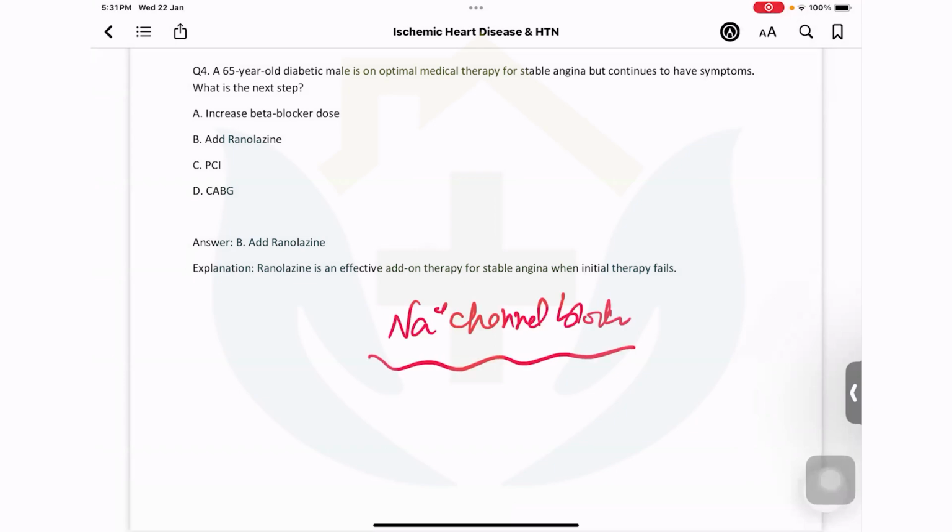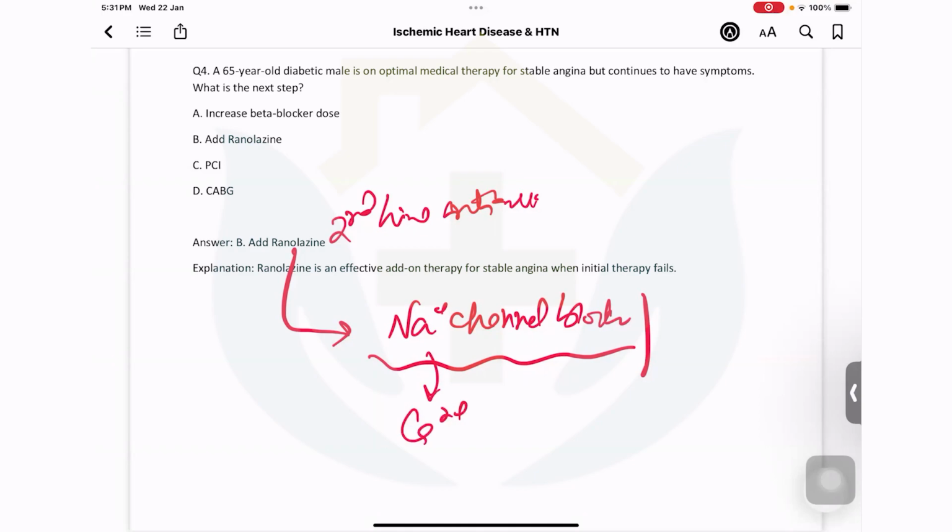It blocks the sodium channel and hence it also blocks the calcium load inside the myocardium. This depletes the calcium, leads to decreased contractility, hence reduced angina. It is indicated in chronic stable angina when the patient has failed beta blockers, calcium channel blockers, and nitrates.